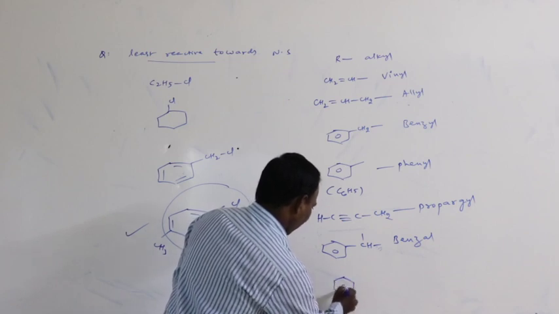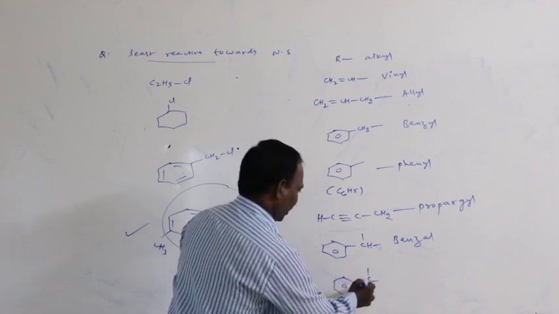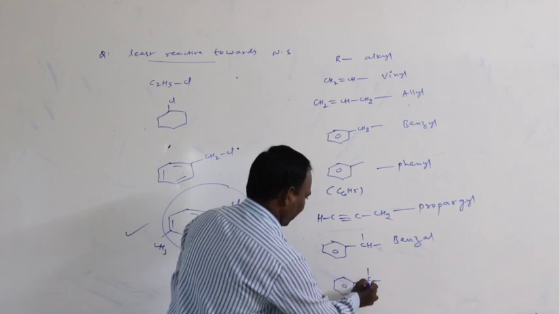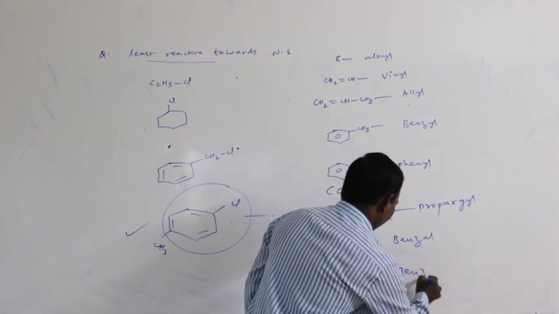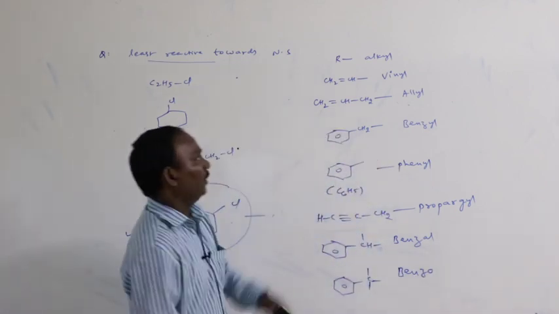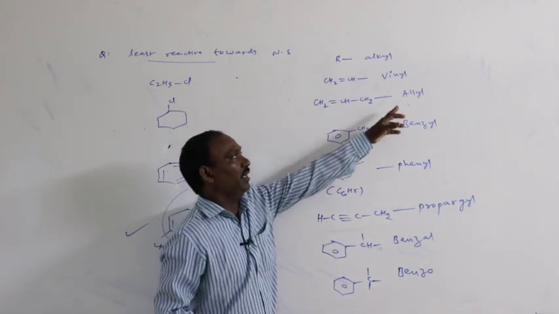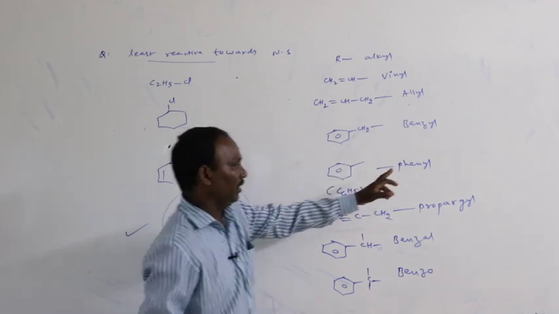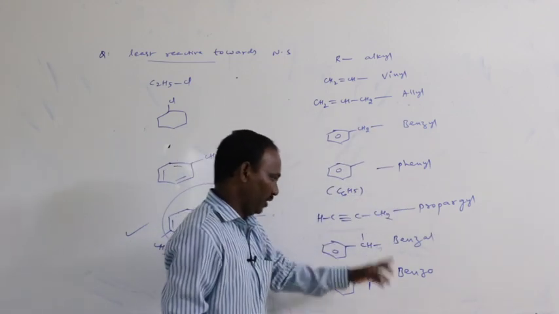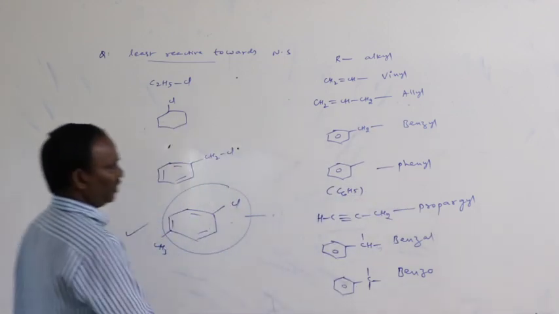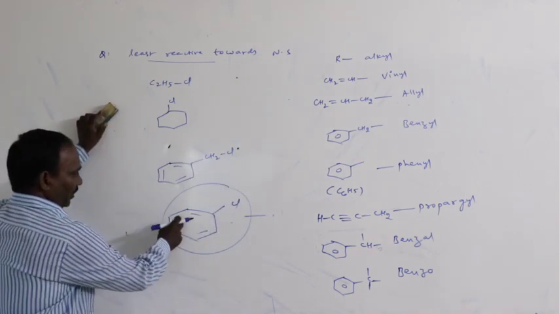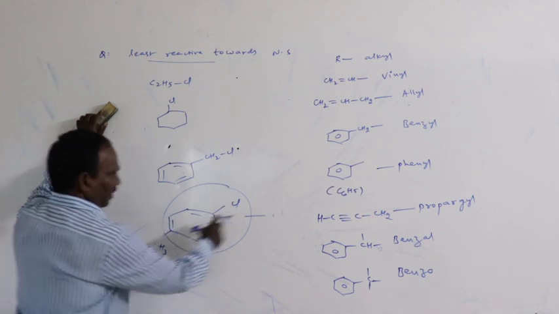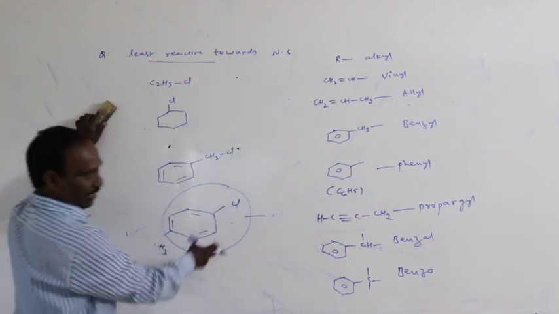Here with benzene ring and without hydrogens, 3 valencies are vacant, this is called benzo system. Alkyl, vinyl, allyl, benzyl, phenyl, propargyl, and benzo systems. These are the common systems. Here it is C6H5Cl. C6H5 means phenyl, it is nothing but aryl system.